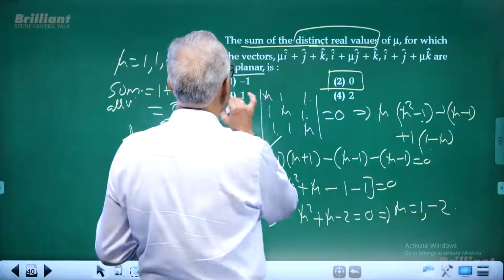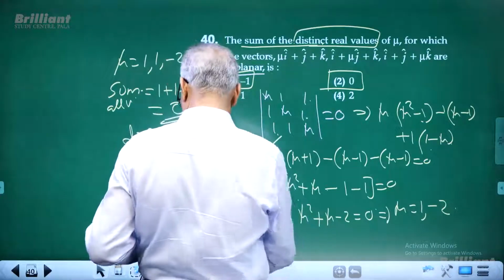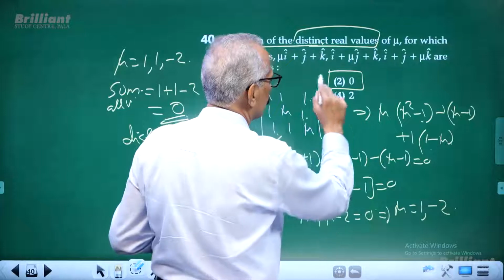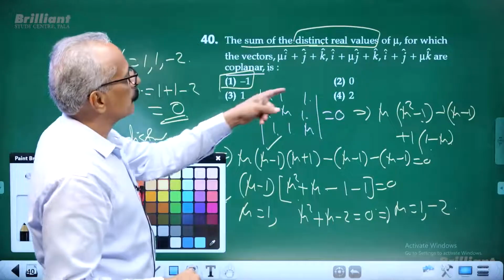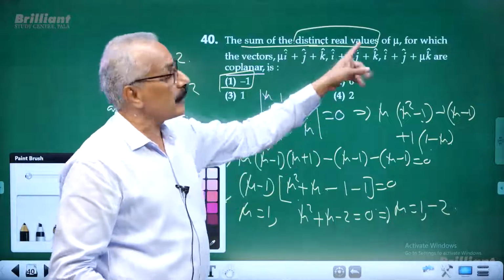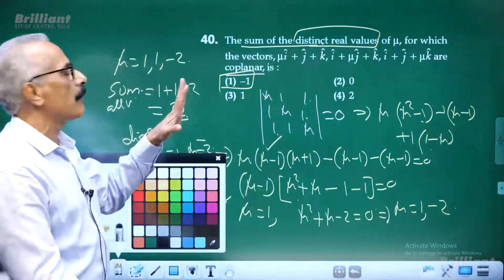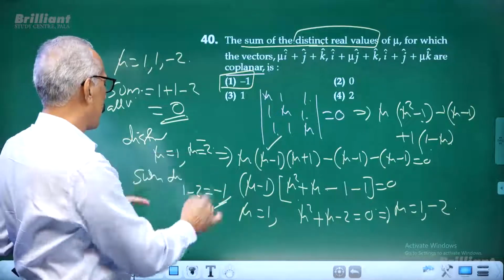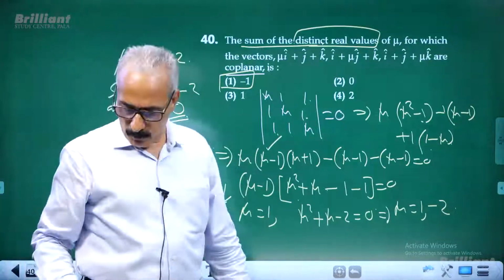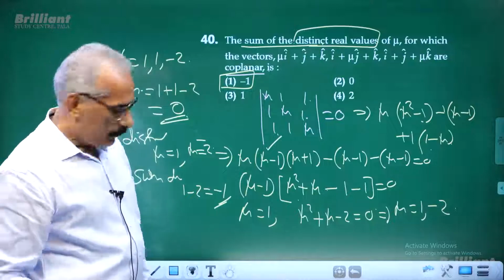So here distinct is asked, then it is minus 1, not this. This is sum of all values, which will be 0. But there are 3 roots, so distinct gives minus 1. For 40 it is right. Now on to 41.